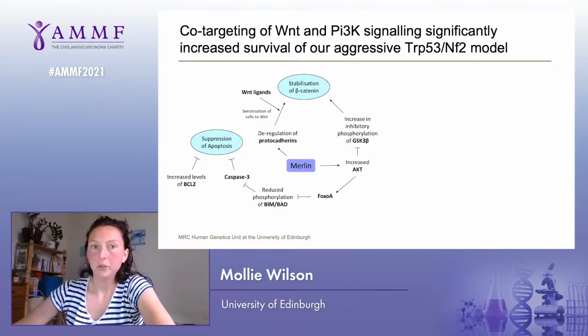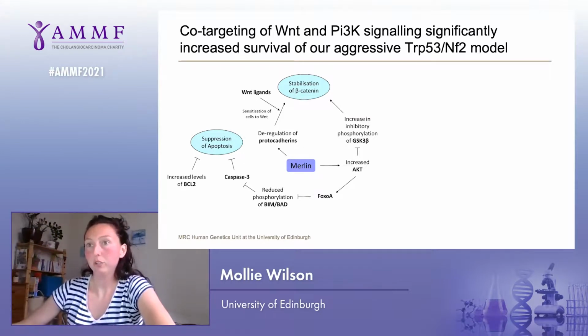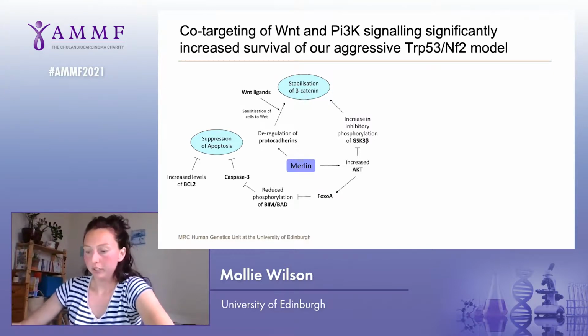So you can see that all these components that are in bold are the ones that we have evidence that we see differential changes in either their protein or transcript levels. So essentially, we end up with these two main outcomes. Either the stabilization of beta-catenin, which means that when it's not destroyed, you end up with its migration to the nucleus, and that allows increased Wnt signaling and therefore increased tumorigenesis.